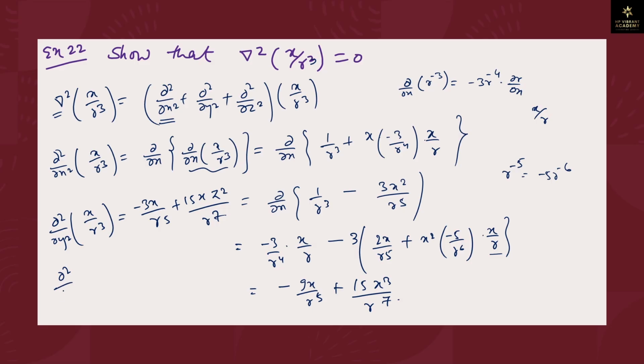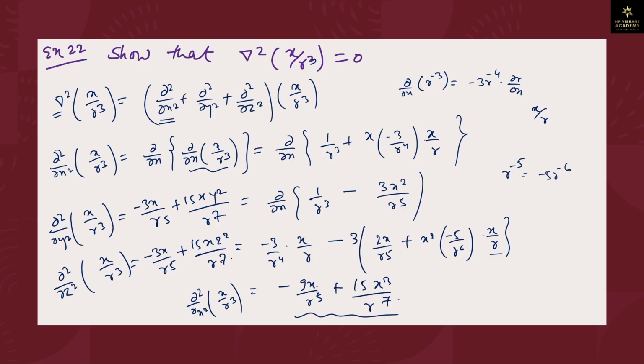And similarly, del square upon del z square of x upon r cube is equal to minus 3x upon r to the power 5 plus 15x z square upon r to the power 7. Okay, so this is the value of del square upon del x square of x upon r cube: minus 9x upon r to the power 5 plus 15x cube upon r to the power 7.